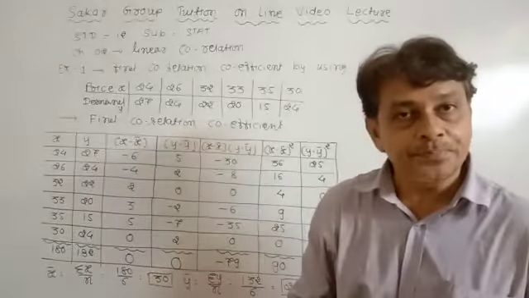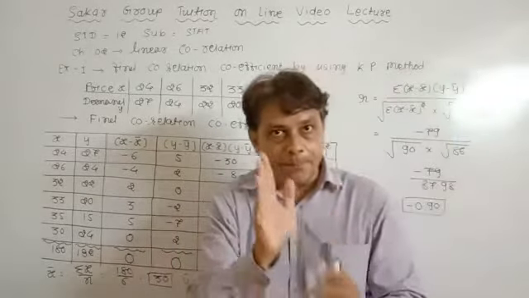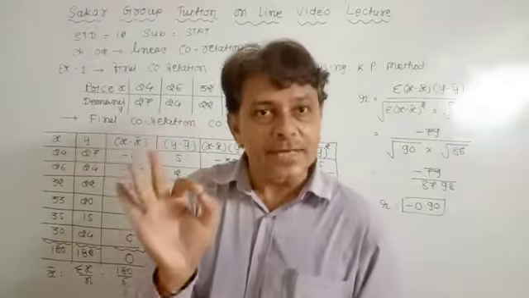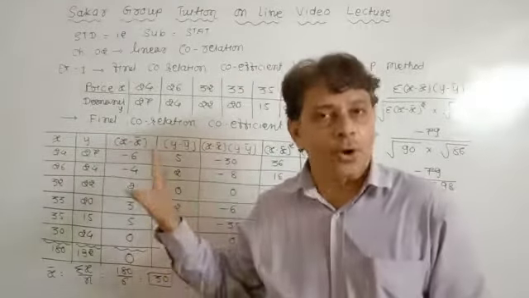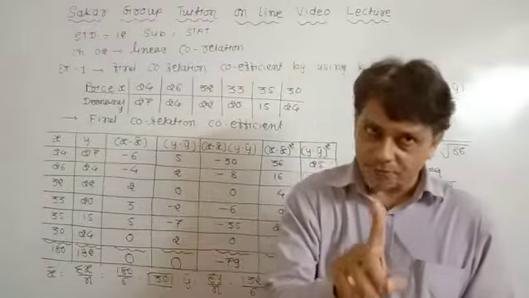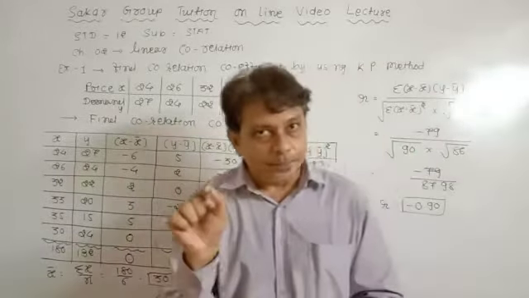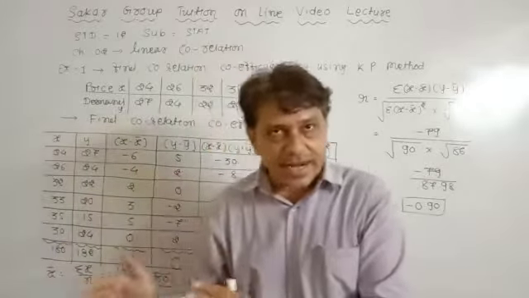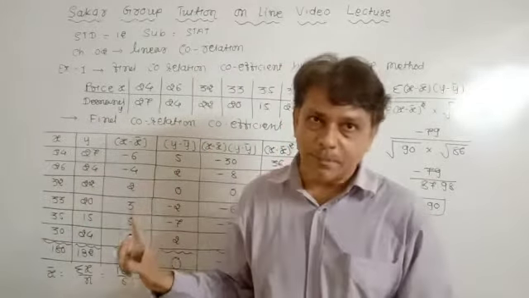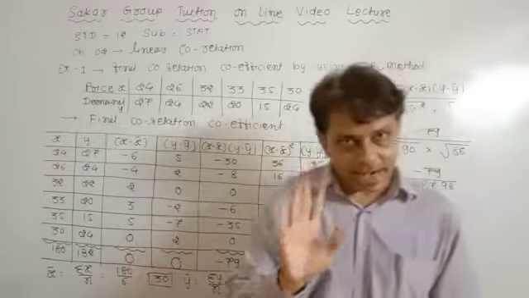Now listen, be careful. After preparing both columns, our first responsibility is to find both the means from this calculation, because in Karl Pearson's product moment method, the different formulas depend on the mean.